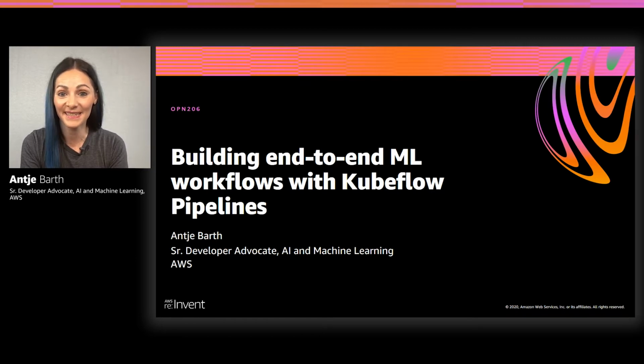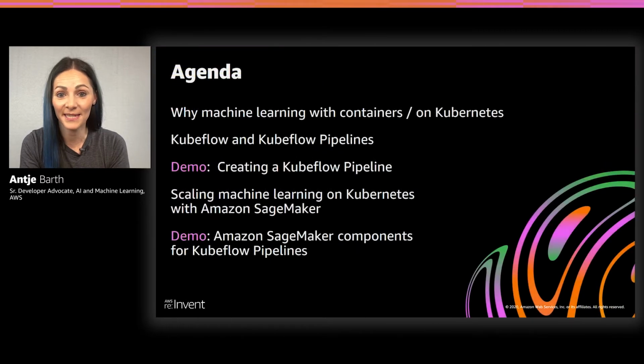In this session, I'm showing you how to build end-to-end machine learning workflows with Kubeflow Pipelines. So let's have a quick look at the agenda. I'm briefly explaining why we're talking about machine learning with containers and on Kubernetes. I'm introducing you to Kubeflow and the Kubeflow Pipelines project.